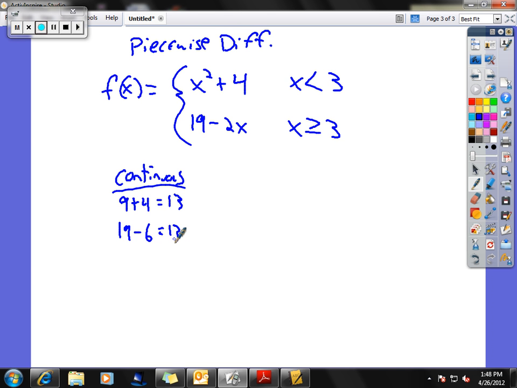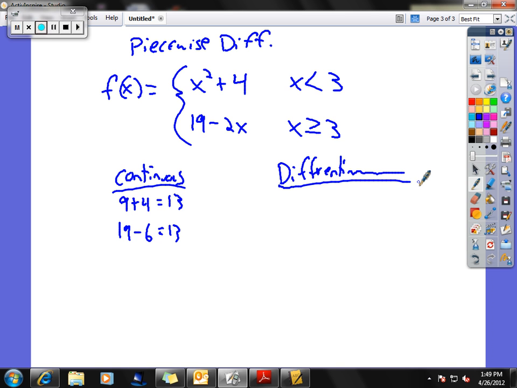Or in other words, you would do the derivatives of both lines, okay? So differentiability, that's how you spell that. We're going to do the derivatives of each line, okay?